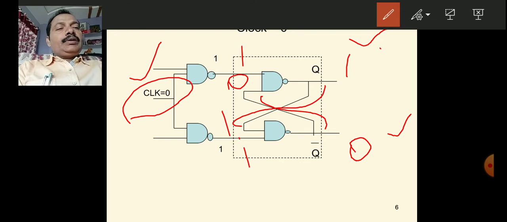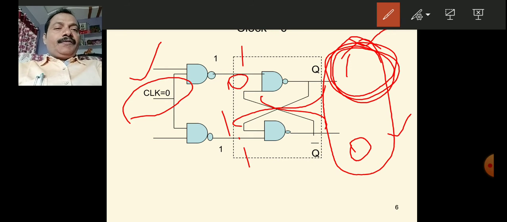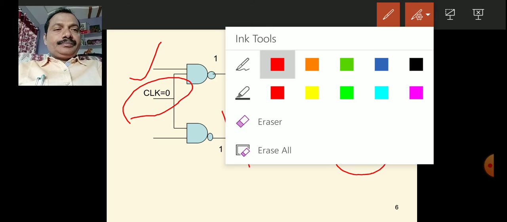So the assumed state of the flip flop is not disturbed when 1 1 is applied. That means whenever clock is 0, the flip flop stores the 1 bit information. In this case it is storing the 1 bit information, that is 1. So this is the important observation. That means the flip flop acts as memory whenever clock is not activated. That means it stores the previous information only.